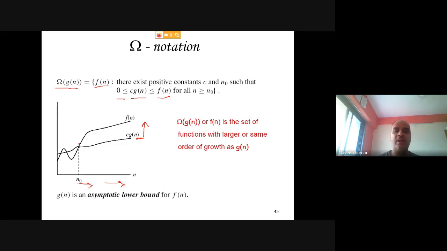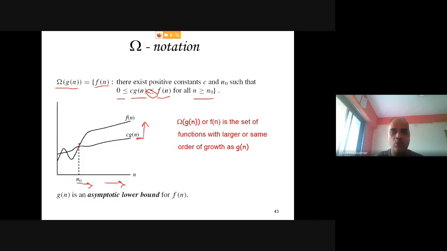These are time functions, so the function should be greater than or equal to 0. Because of this equal to, it is a tight lower bound, right? So c into g(n) should always be less than or equal to f(n) for all greater values of n after n0.